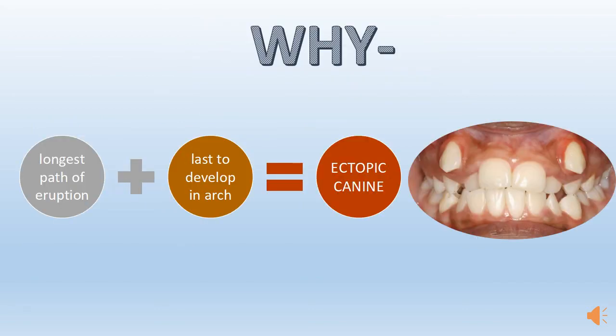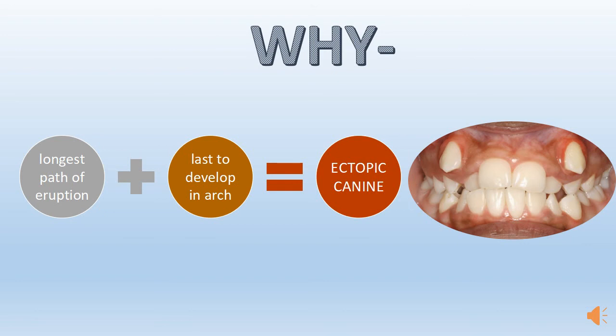And the reason for the maxillary canine to be ectopically erupted is, first, it has the longest path of eruption. That means it is way high inside your upper jaw. And second, because it's the last to develop and erupt. That means all your teeth have already erupted in your mouth and the maxillary permanent canines are the last to erupt.